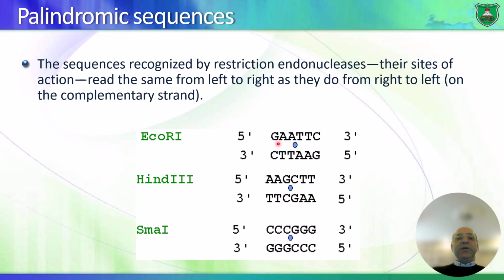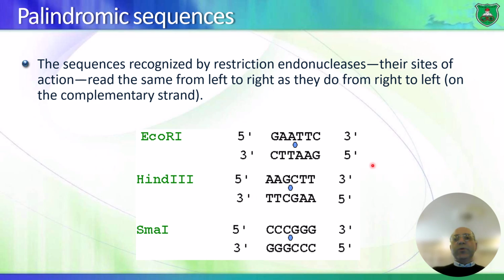So here we have GAATTC, and you read it the same exact way from the other complementary strand, GAATTC. Now this is the restriction site of EcoR1. HindIII, SmaI also recognize palindromic sequences as well.